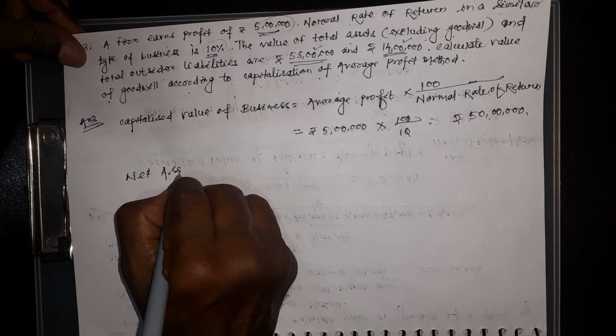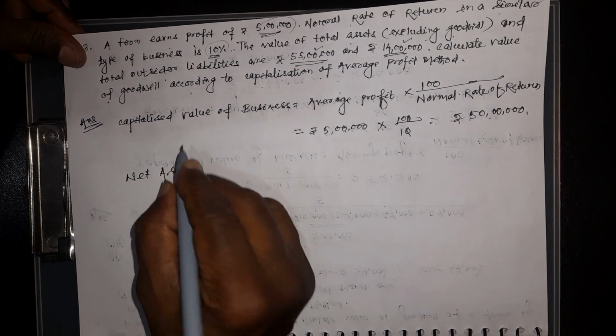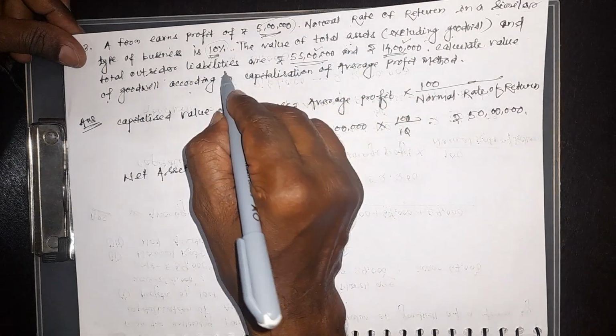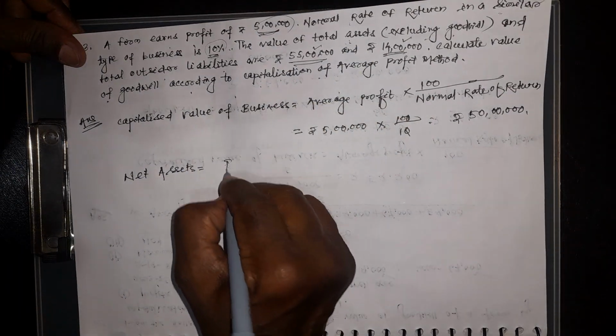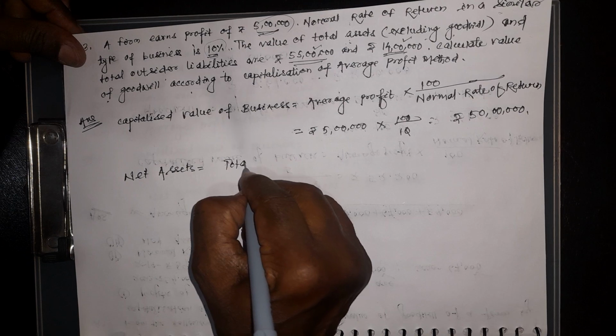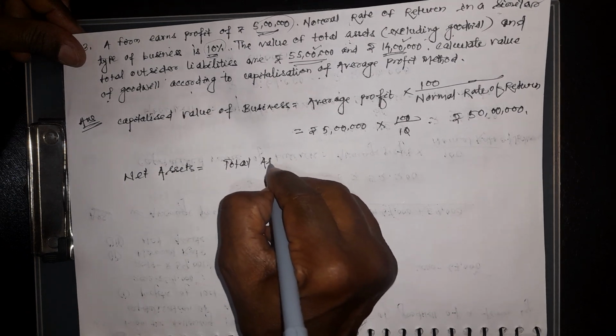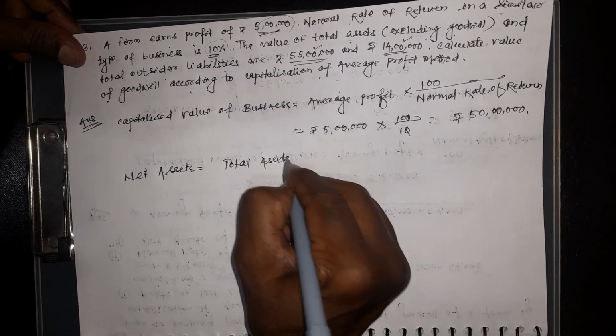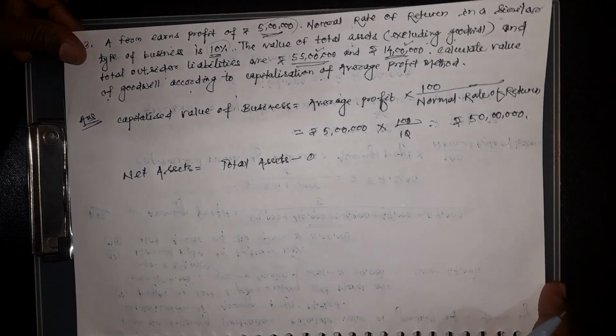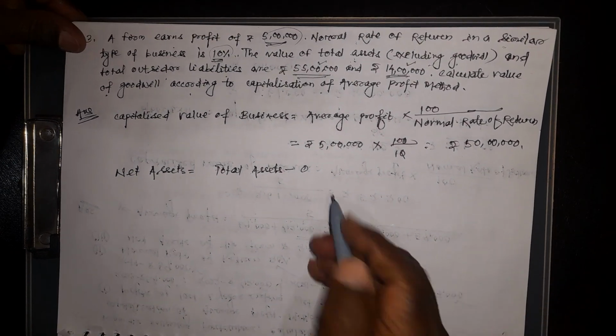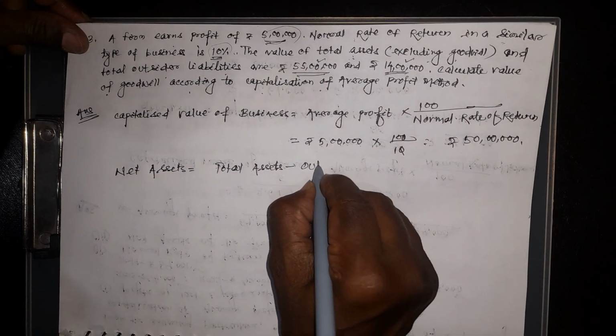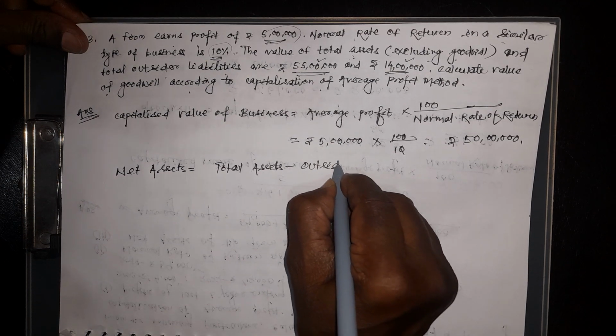Then second step, we have to find the net assets. Net assets means total assets minus outside liabilities. Clear?